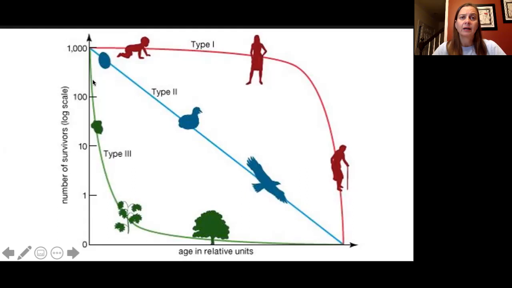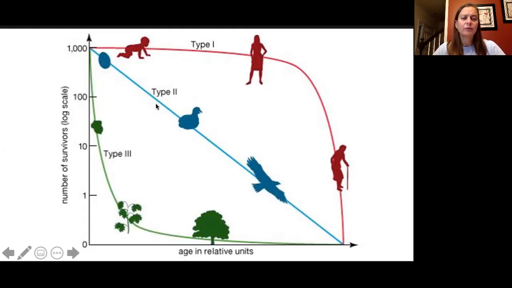So this is organisms that have a high mortality rate in juveniles. So again, when we think about rodents or wildflowers, most of them, wildflowers never implant and grow. Many rodents lose a lot of their young before they reach adulthood. And then we have type 2.